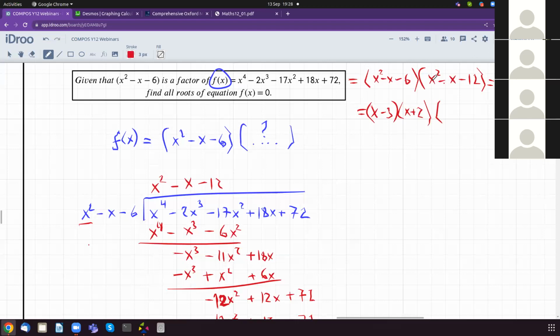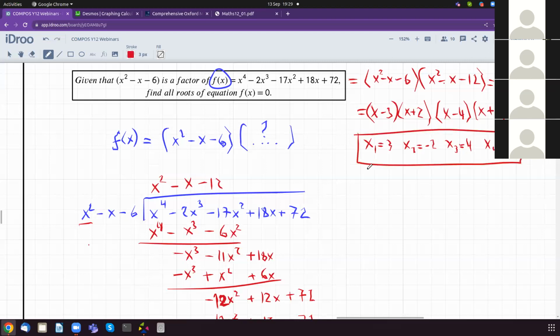And this one is x minus 4, x plus 3. So x1 is 3, x2 is minus 2, x3 is 4, and x4 is minus 3. So these are the solutions of the equation. I hope I didn't mess it up anyway. Okay, right.